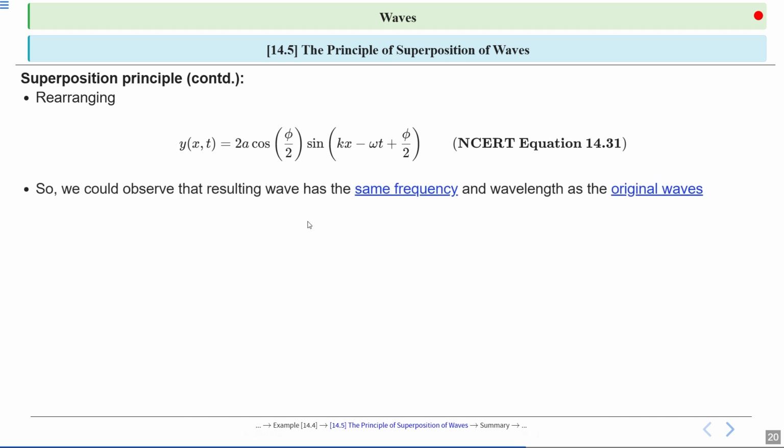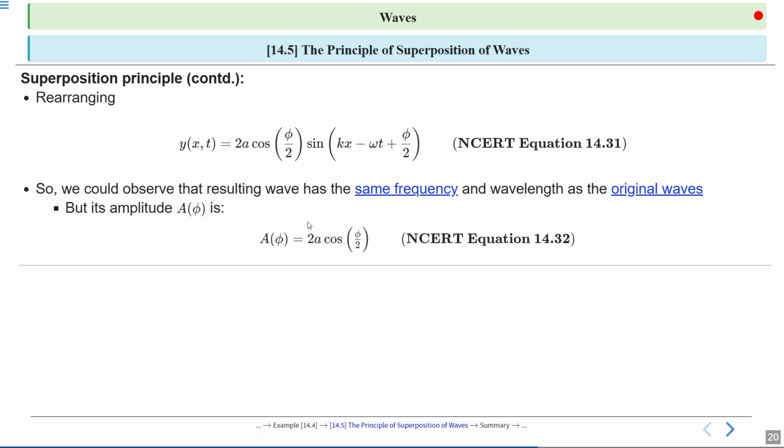So we can observe that the resulting wave has the same frequency and wavelength as the original waves, but its amplitude A of phi is equal to 2a cos phi by 2. This means the amplitude depends on the cosine of half of the phase difference.